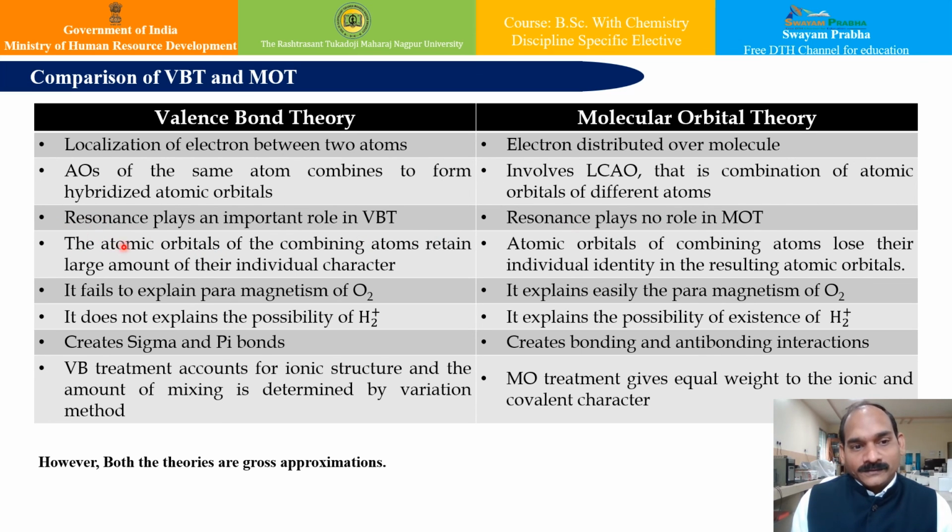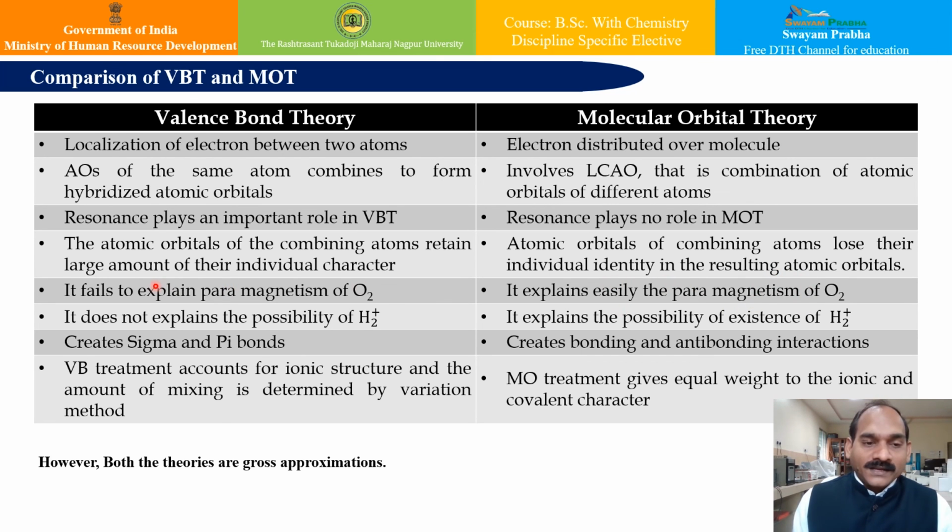In valence bond theory, resonance plays an important role. In molecular orbital theory, resonance does not play any role. In VBT, the atomic orbitals of the combining atoms retain a large amount of their individual character, whereas in molecular orbital theory, the atomic orbitals of combining atoms lose their individual identity in the resulting orbitals, which are completely different.